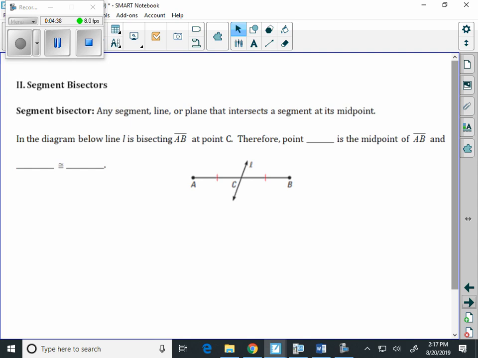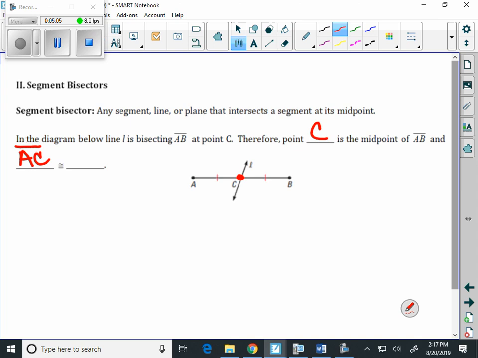That's our line L, is bisecting segment AB at point C, which means that point C, this point right there, is the midpoint of segment AB, and also that segment AC is congruent to segment BC. Here is AC, here is BC. And they have the tick marks in there also to indicate the same length.